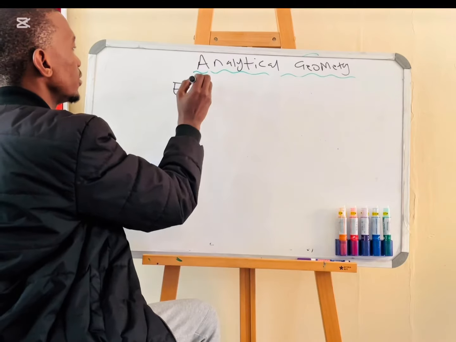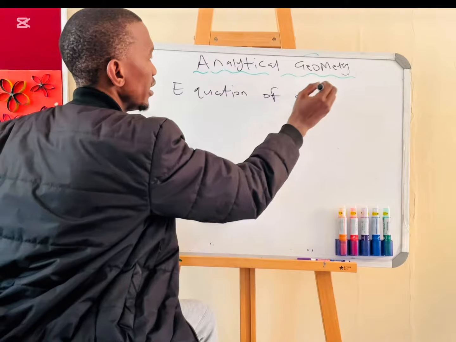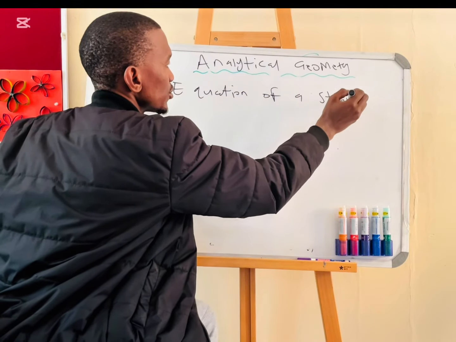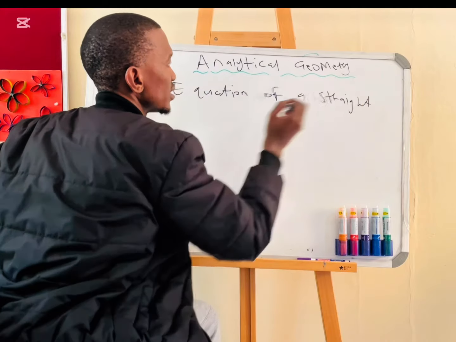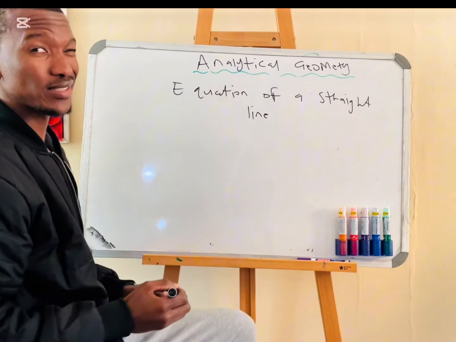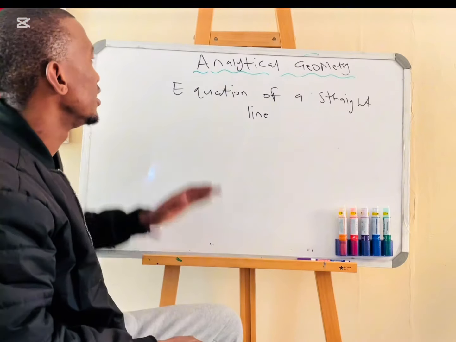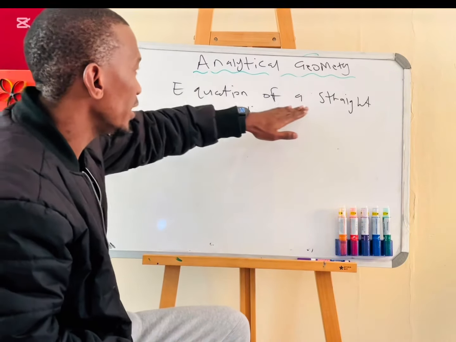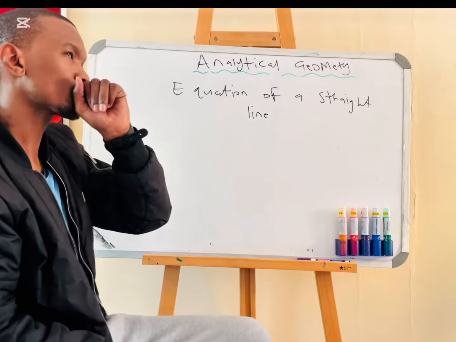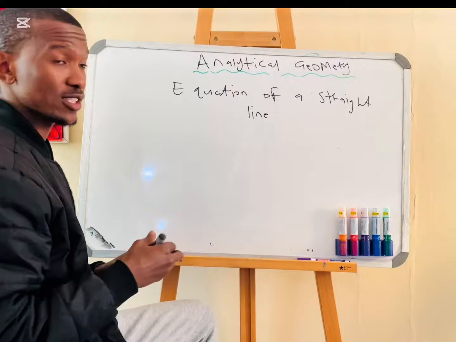So now we are on equation of a straight line. My handwriting is kind of bad, I know, right? Some people might not see what's going on there. So, equation of a straight line. How do you find it? Or what are the formulas, by the way?